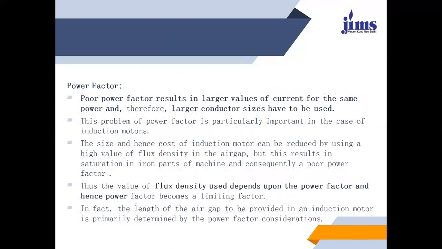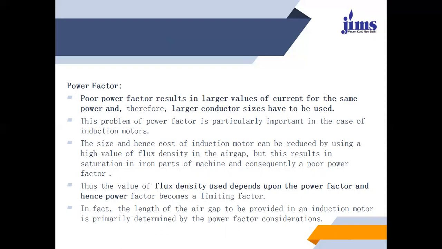Power factor. A low power factor results in larger values of current for the same power, and therefore larger conductor sizes have to be used. This problem of power factor is particularly important in the case of the induction motor. The size and hence cost of an induction motor can be reduced by using a high value of flux density in the air gap.